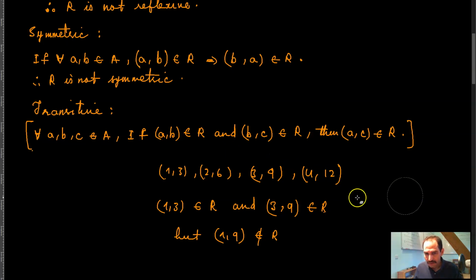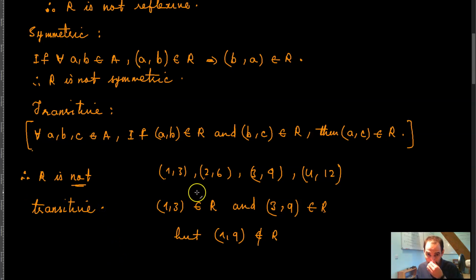So based on this counter example, I can say that therefore R is not transitive. R is not transitive, right?